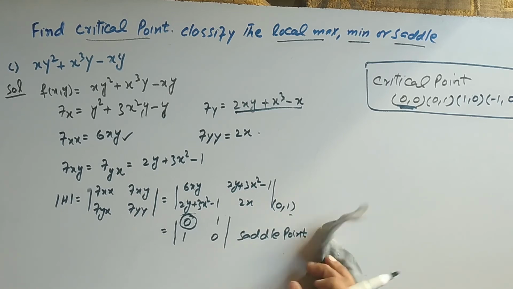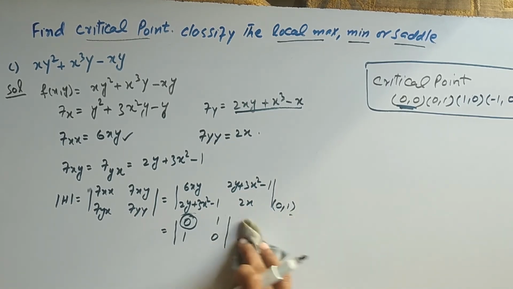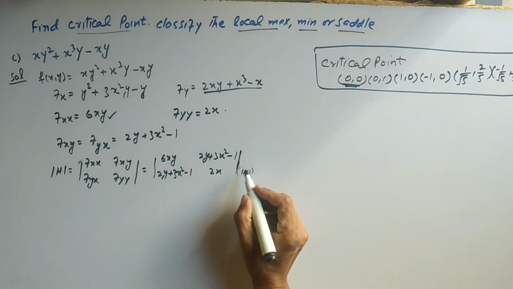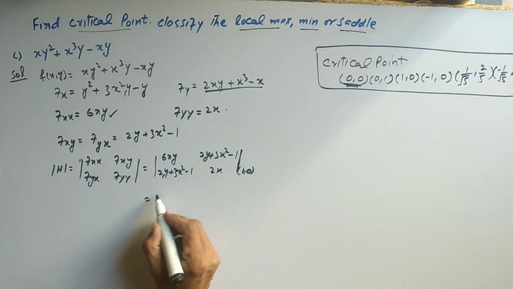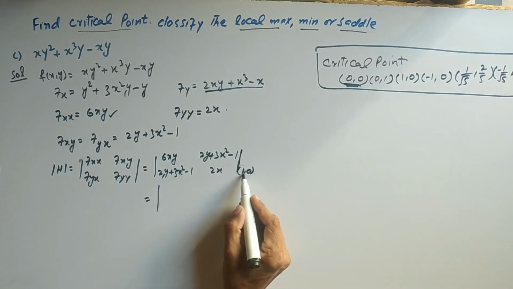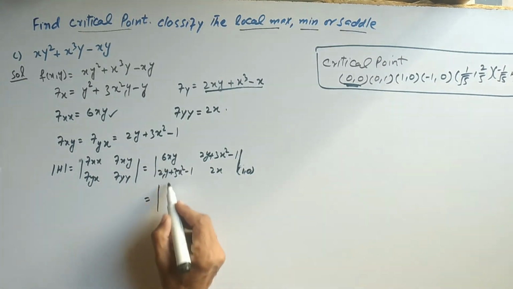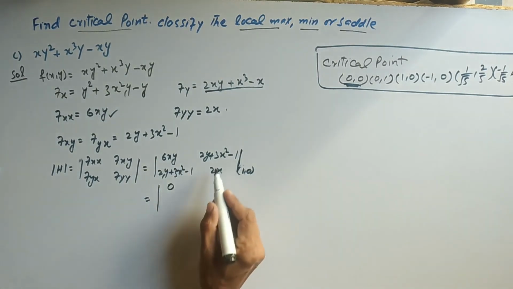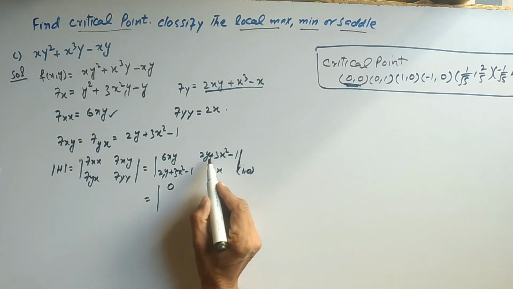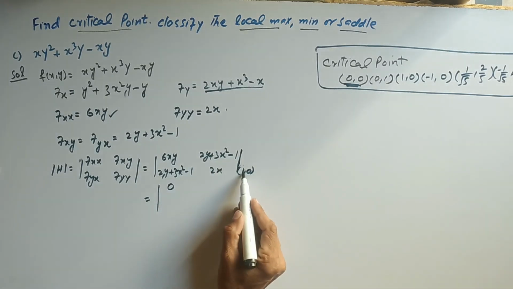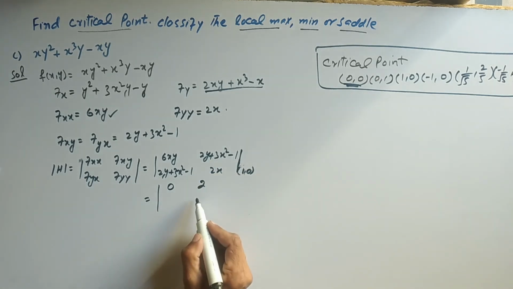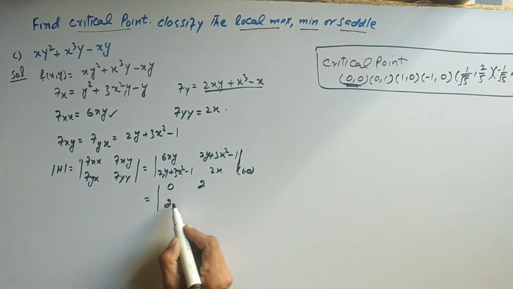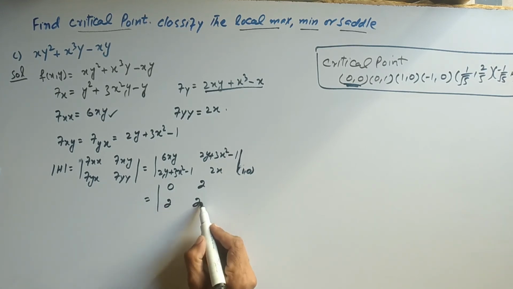Now the third point is what? Now take 1 0. When we take 1 0, it means the value of x is 1 and y is 0, so the whole will be 0, and again y is 0, and x will be 3 minus 1, which is 2, and the same will be here, and 2 is there.